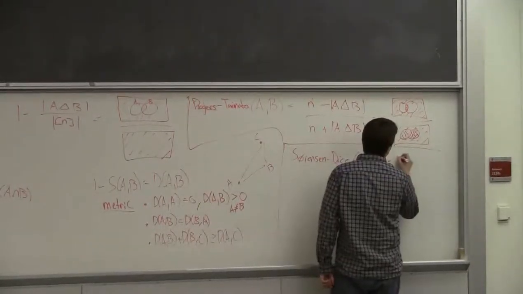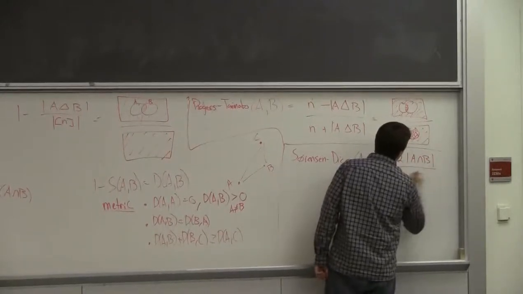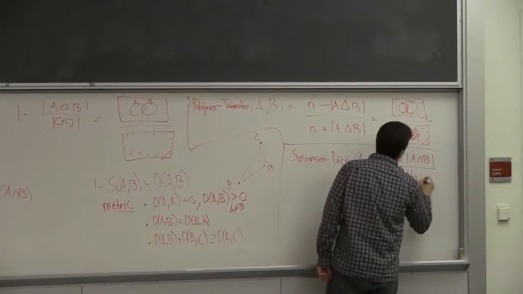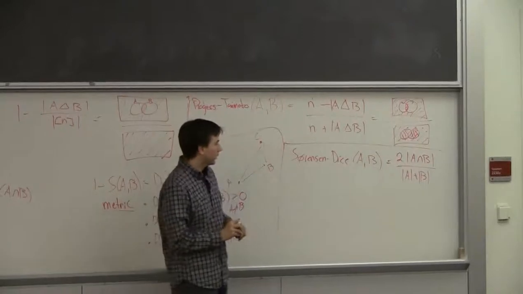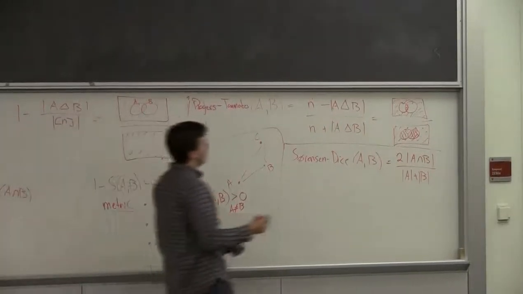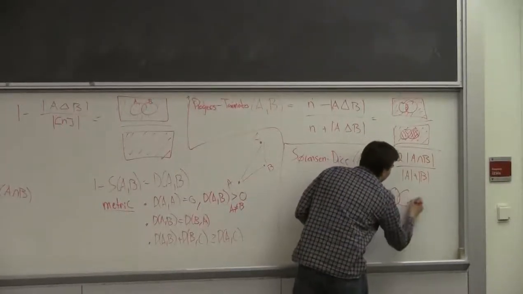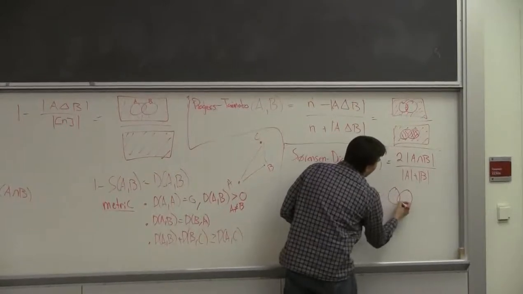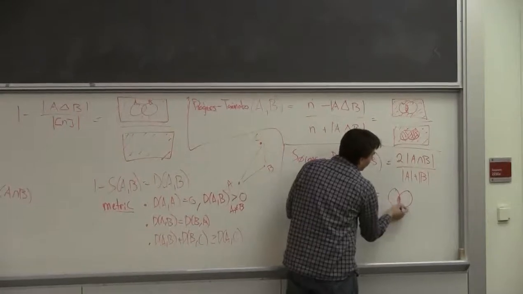This is going to be 2 times the size of A intersection B over the size of A plus the size of B. By A and B, I look at the intersection here, and I'm going to count this intersection twice.